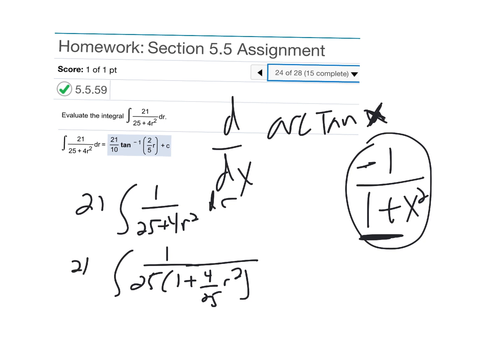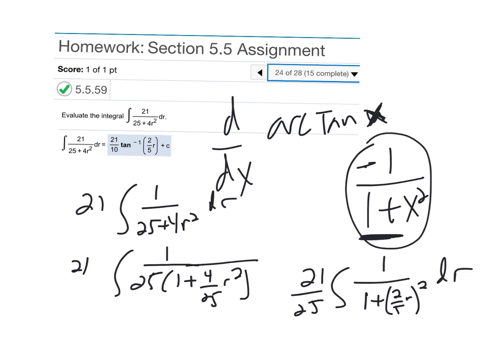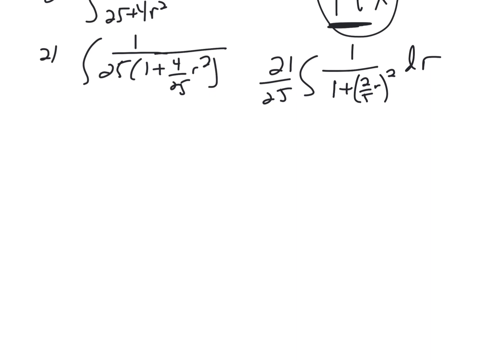So that becomes 21 over 25 integral 1 over, now I still would like to know something squared there, right? And if you think about it, isn't that just 2 over 5r quantity squared dr? Okay. And so far I haven't used any u substitution.